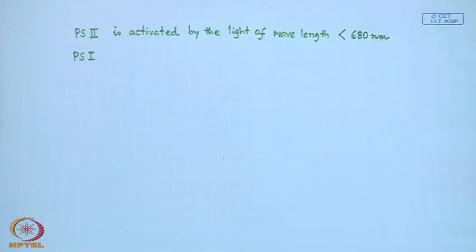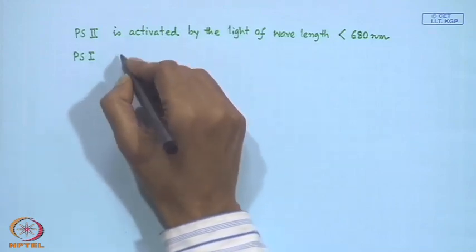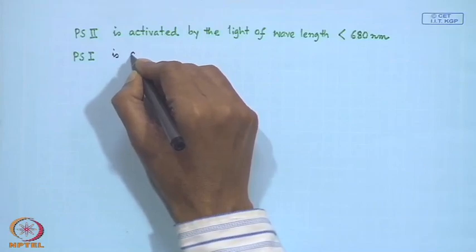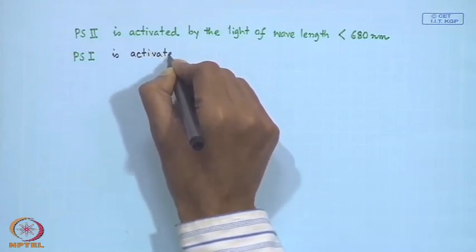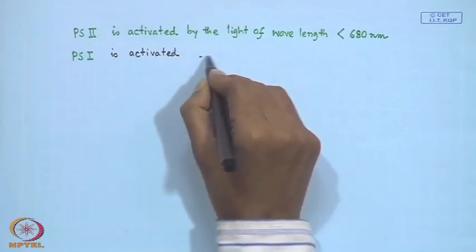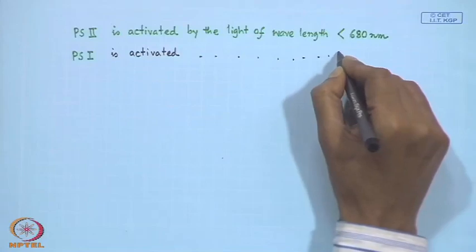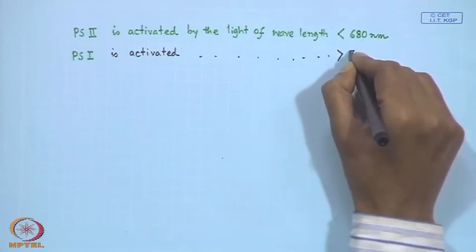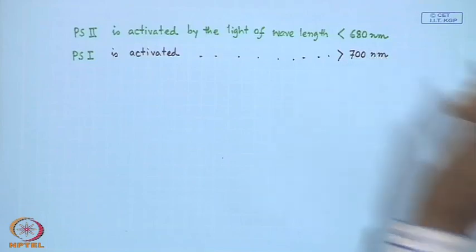So, we are making it the border case, and PS1 is activated by light of wavelength above 680, but we can write safely above 700 nanometer.